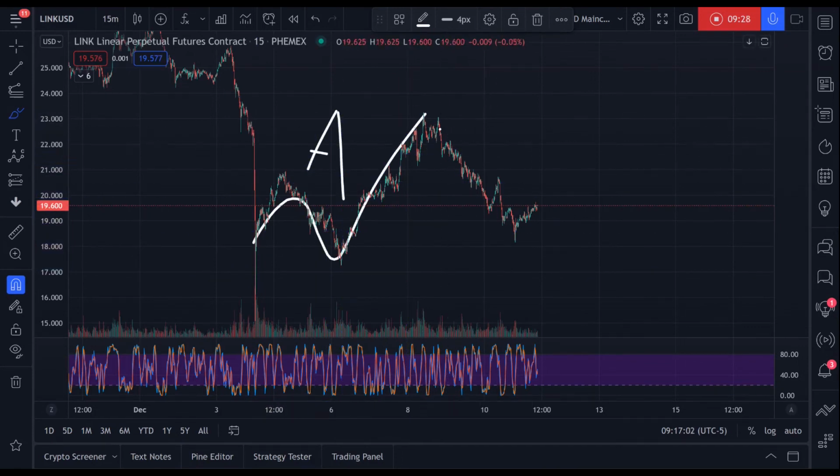Now this is a B wave, and within this B wave, it's not orthodox. I think if Bitcoin wasn't the dominant coin and Link were left to its own devices, we would have gotten a reversal right here. Okay, that's just my thoughts.